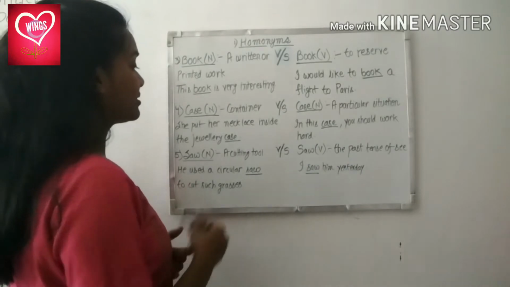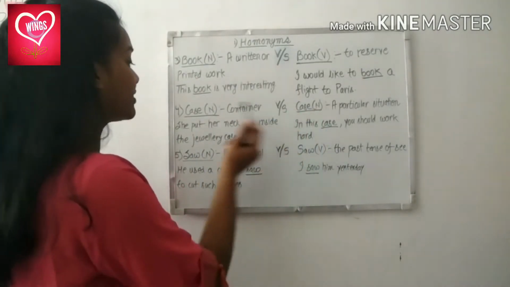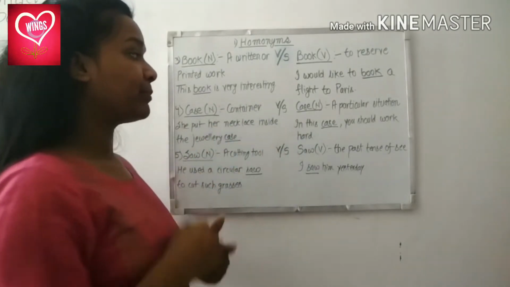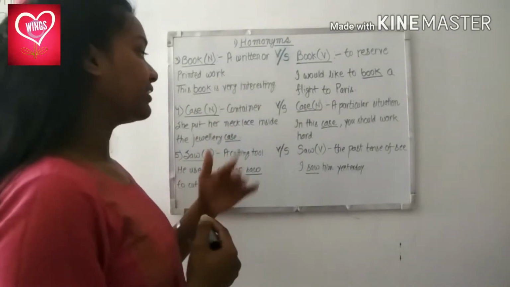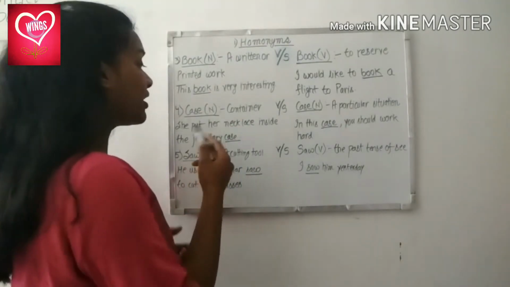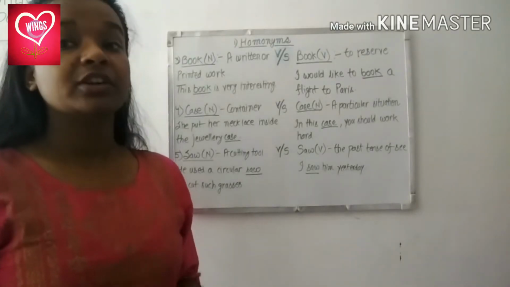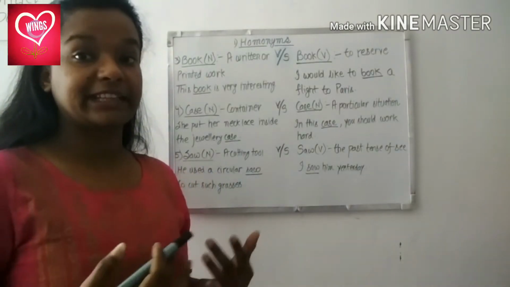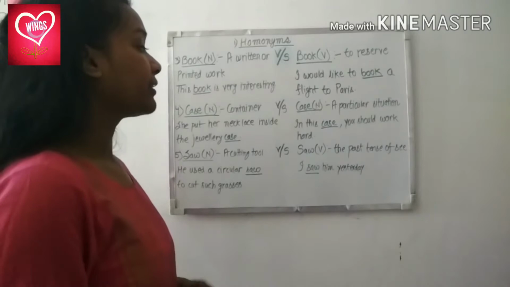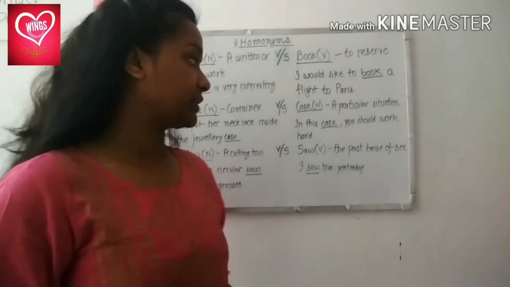Fourth example is case versus case. Both have the same spelling and same pronunciation, but meanings are different. The first case means container. She put her necklace inside the jewelry case. That means she put her necklace inside the jewelry container. And the second case is a particular situation.